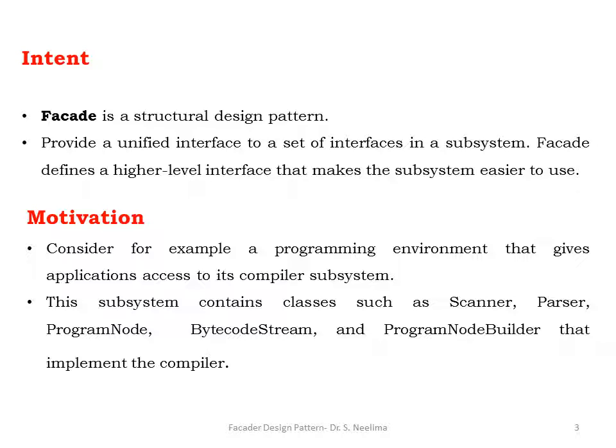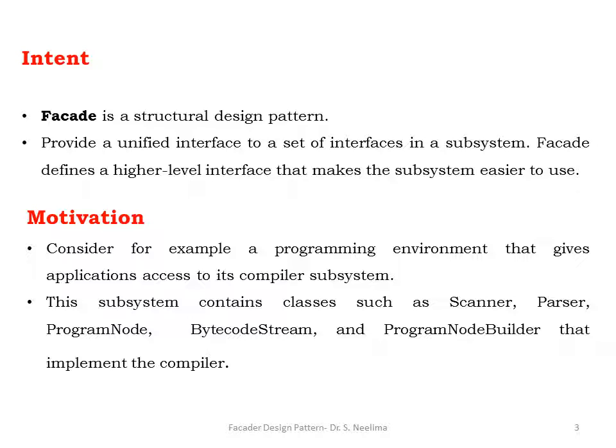Some specialized applications might need to access these classes directly, but most clients of a compiler generally don't care about details like parsing and code generation. They merely want to compile some code. For them, the powerful but low level interface in the compiler subsystem only complicates the task.